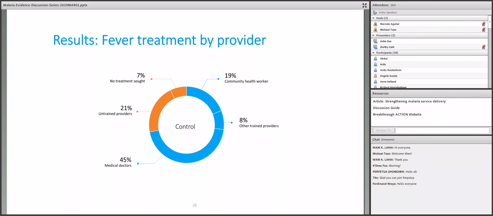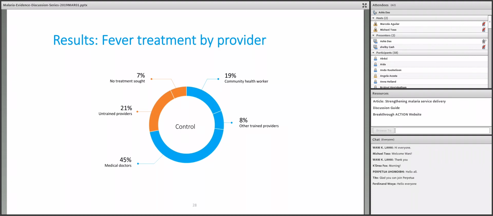And I would like to draw your attention to two specific areas. One was untrained provider that you could see on the left at 21% in orange, and community health worker on the right, which is 19%.